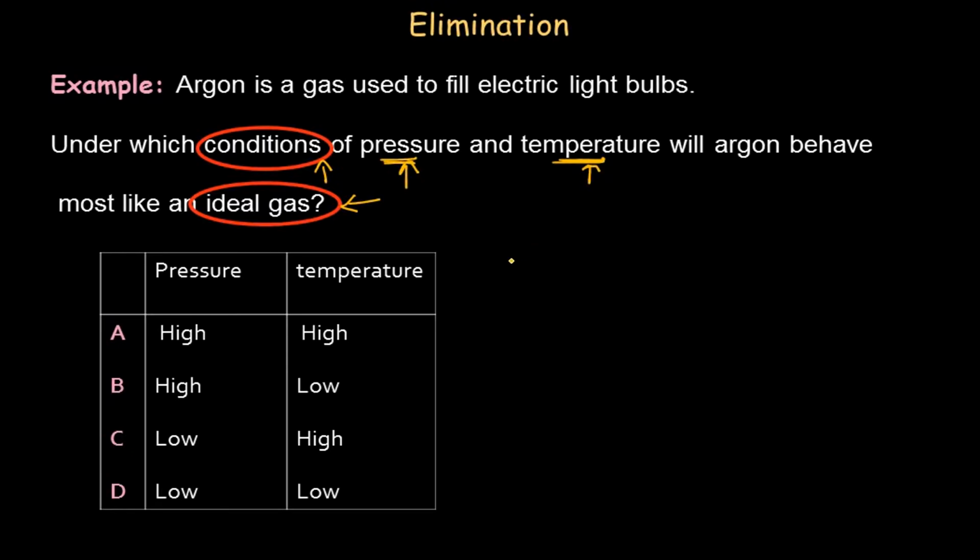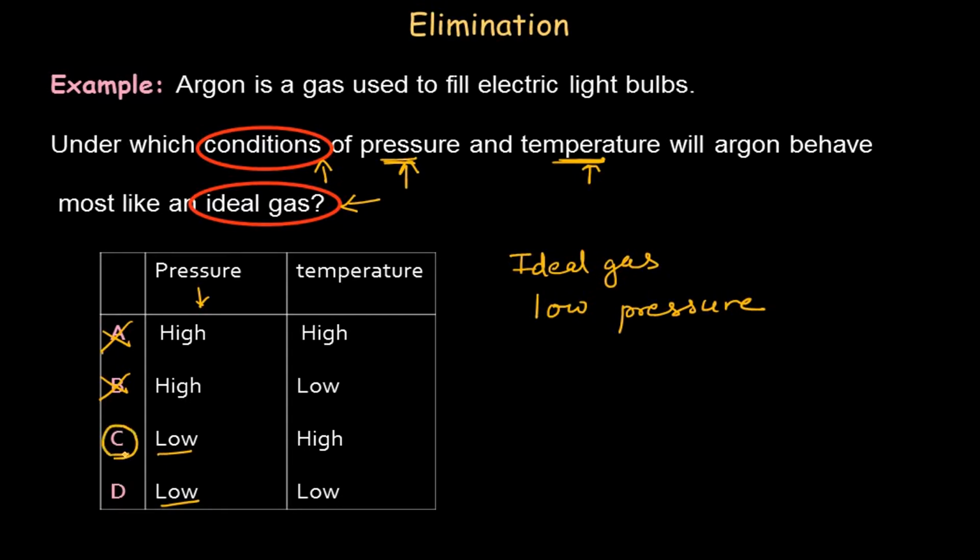If we know the conditions for an ideal gas, then for pressure the condition is low pressure. Now if you look at the four options here, low pressure is only in C and D. That shows that option A and option B get eliminated directly.